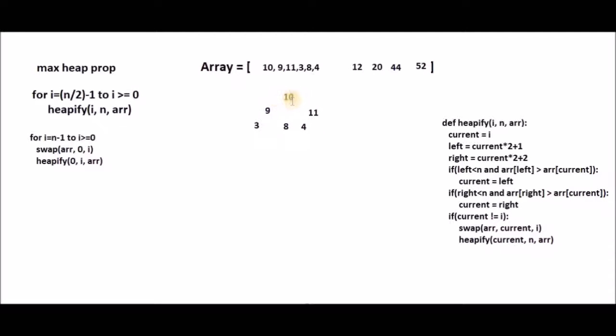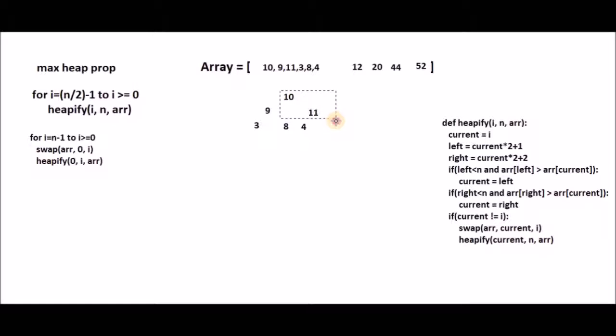So I is now going to be, again we're going to start from 0 and it's going to go 0, 1, 2, 3, 4, 5. I is 6 right now, so this is going to stop until this. So again 10, 9, 11. Of course these two are going to get swapped.